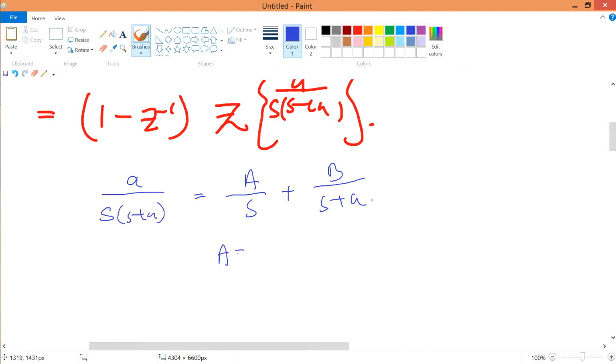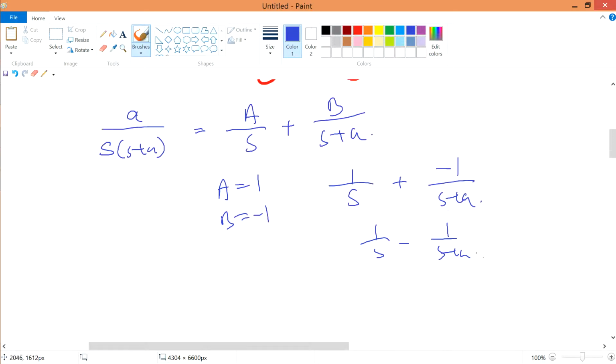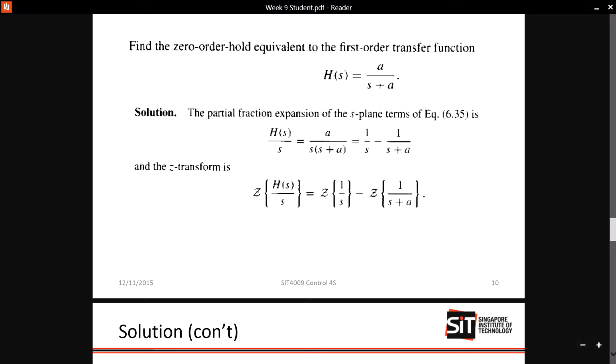So we know that a is equal to 1, b is equal to negative 1, so therefore 1 over s plus b is minus 1, right? So I should just write here first, then minus 1 over s plus a. So I can rewrite as 1 over s minus 1 over s plus a. Which is in your book, the same thing as your book.